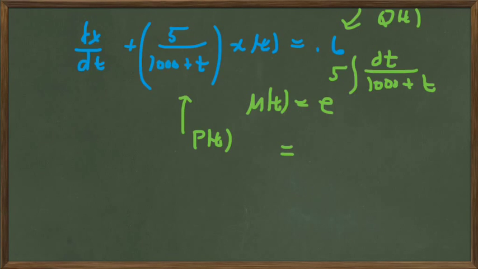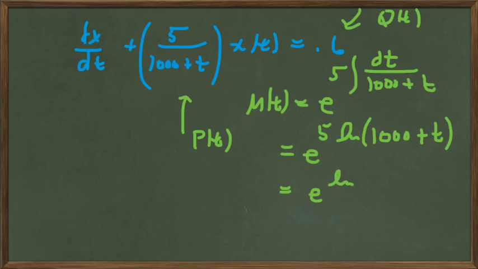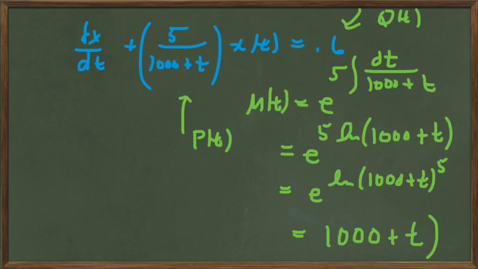So it would be e to the 5 times ln of the denominator, and we don't need absolute values because 1,000 plus t is always positive. We bring the power up, e to the ln of 1,000 plus t to the 5th power, and then the e and the ln undo each other, and so our integrating factor is 1,000 plus t raised to the 5th power.